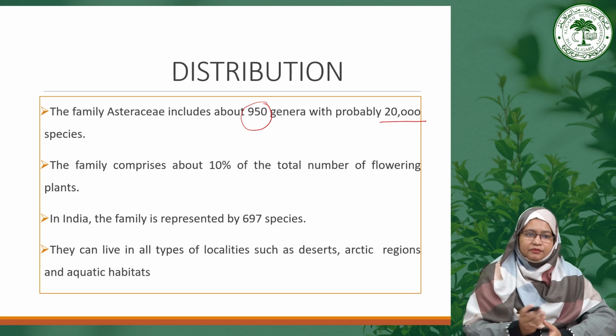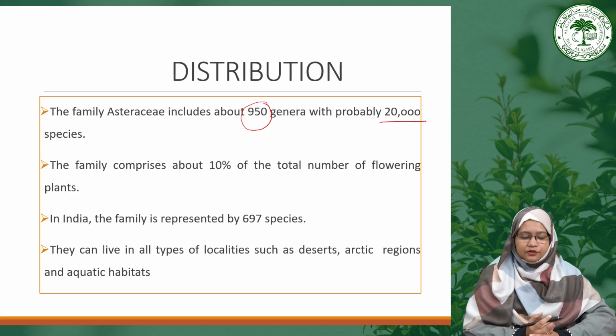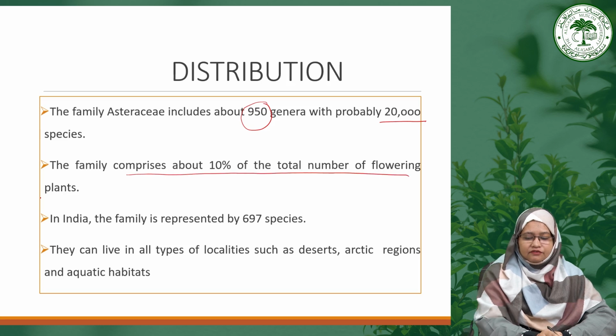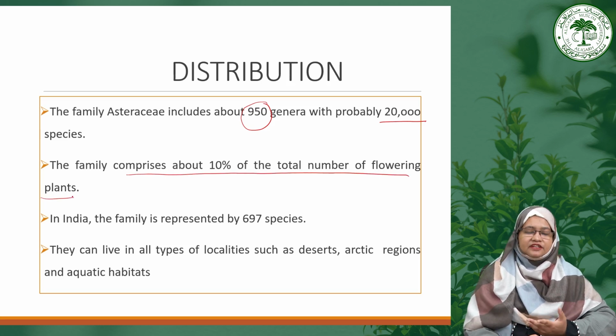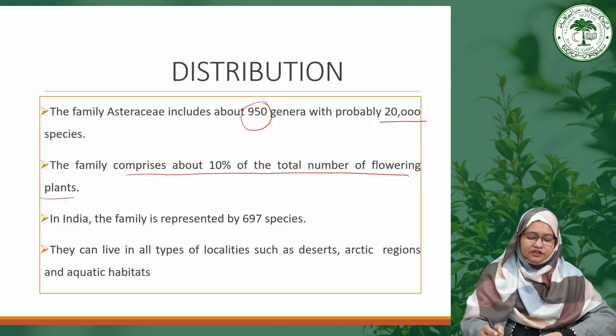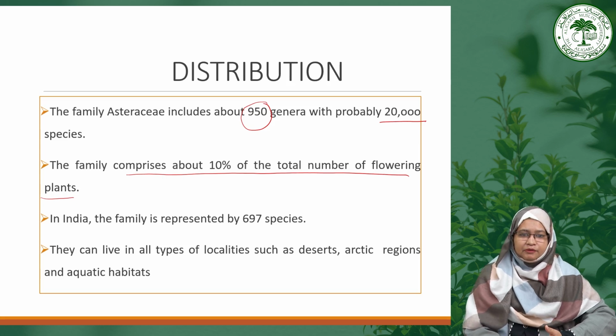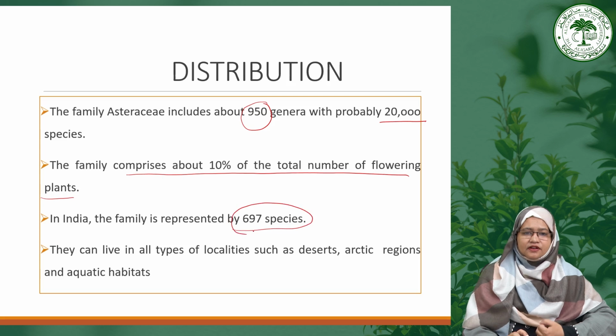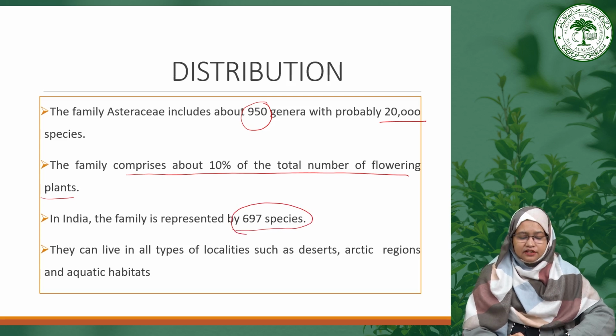It comprises about 10% of the total number of flowering plants, because flowering plants are around 2 lakh species, and around 20,000 species are reported in this family. In India, it is also represented by a good number of species, around 697, or you can say around 700 species are reported from India.